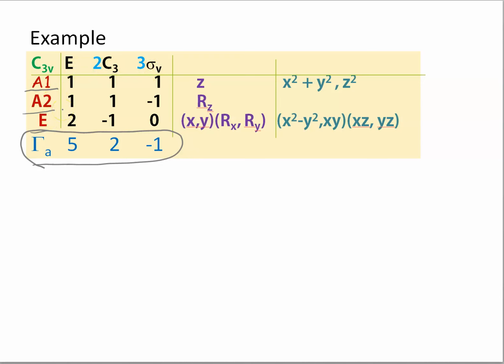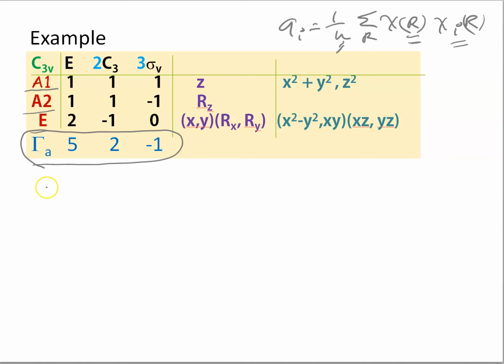What was our formula? Our formula is Ai is equal to 1 by h into sigma r chi r into chi ir, where h is the order of the group, chi r is the character of the reducible representation, and chi ir is the character of the irreducible representation.